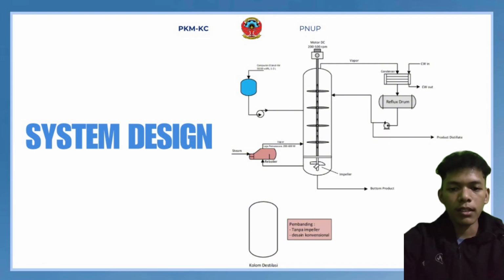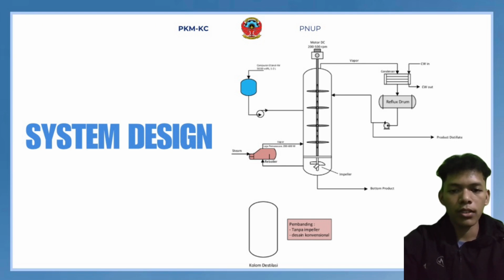The steam reaching the top of the column is passed to the condenser for cooling, where it is cooled using cooling water so that it turns into a liquid. The condensation result liquid then goes into the reflux drum.